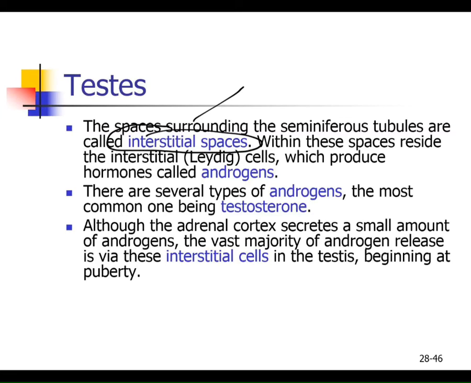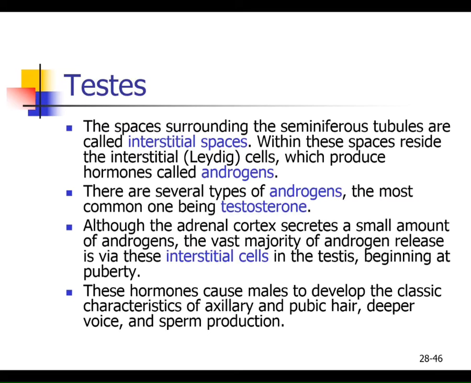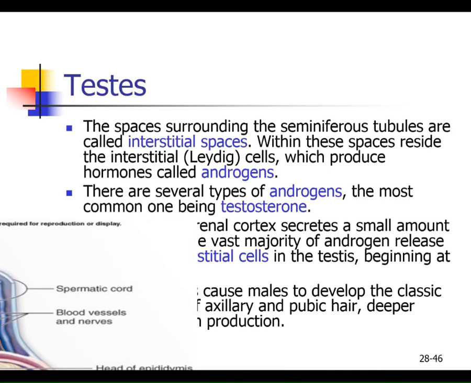So you hear them called interstitial cells or Leydig cells, and they are the testosterone-producing cells. I'll show those to you in a second. That testosterone is responsible for the production of secondary sex characteristics in the male and is not produced until puberty.